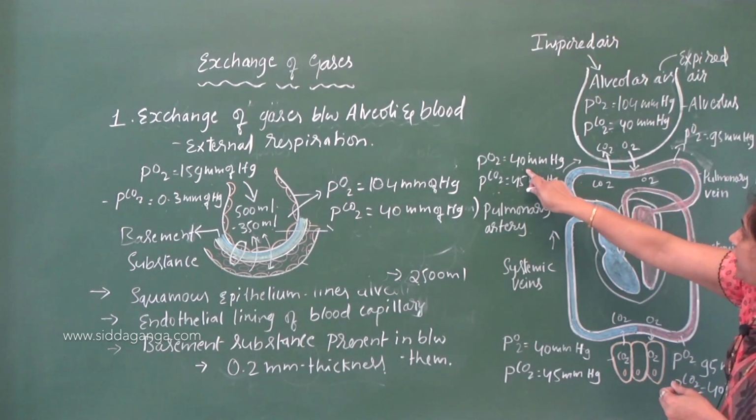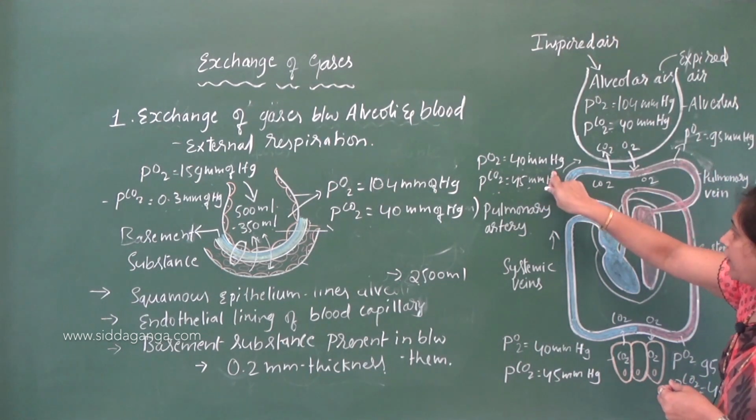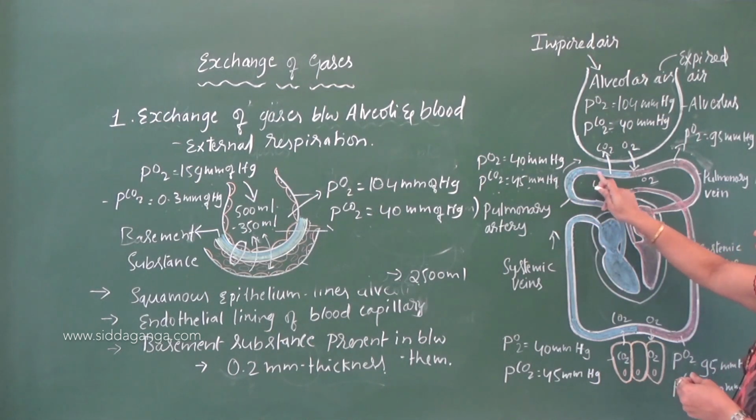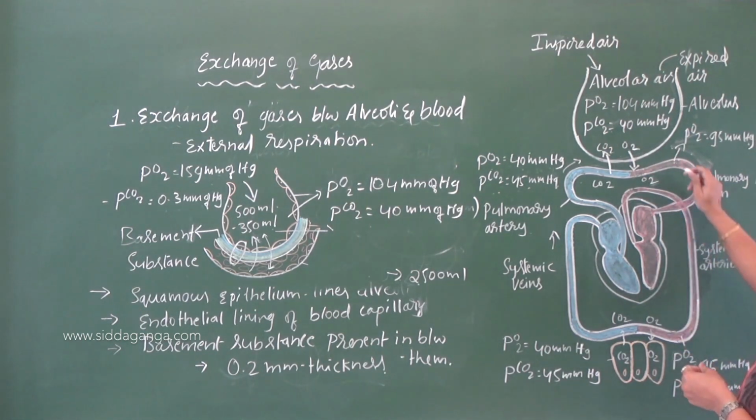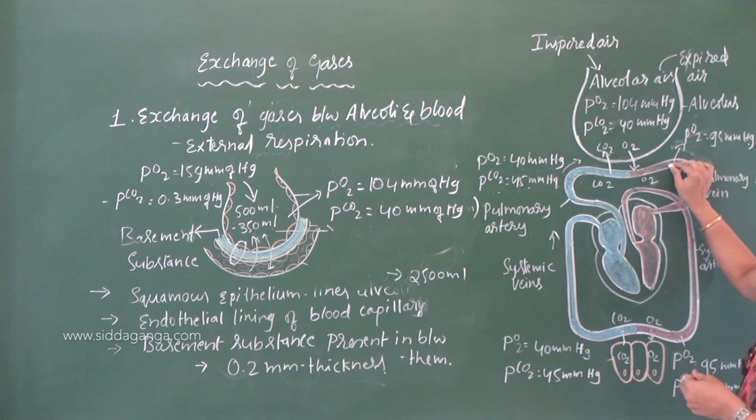In the deoxygenated blood, how much is it? 40 millimeters of mercury. So when the deoxygenated blood receives oxygen at the alveolar site, it becomes oxygenated blood, which is having more oxygen than carbon dioxide.